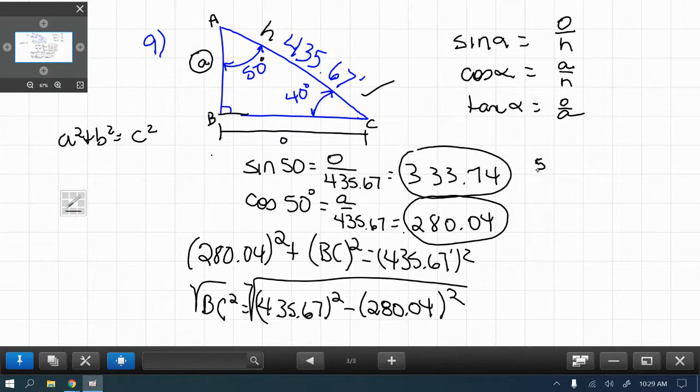So if you're here at this sine 50, and then you've got opposite. Okay, so I want to just solve for the opposite, right? Mm-hmm. So I have to multiply both sides by 435.67 to get it to cancel out.